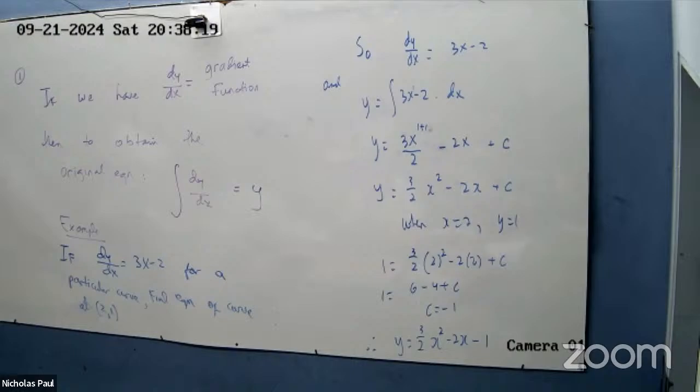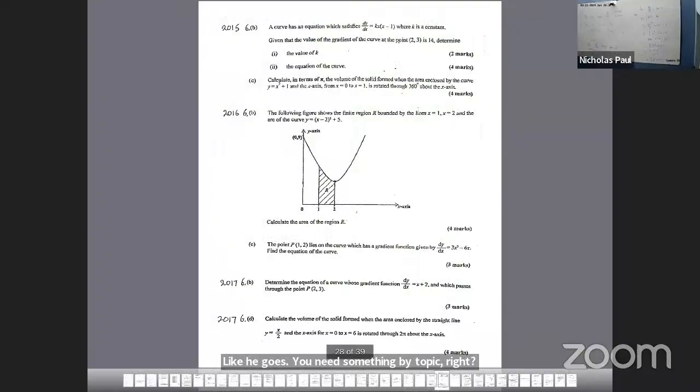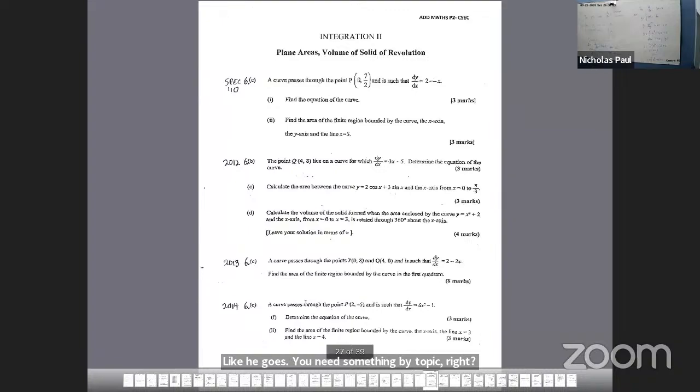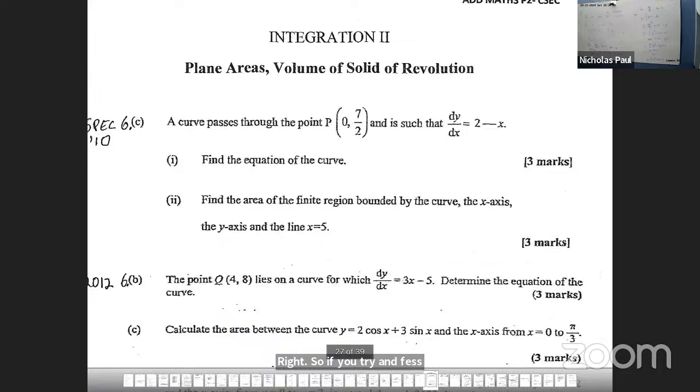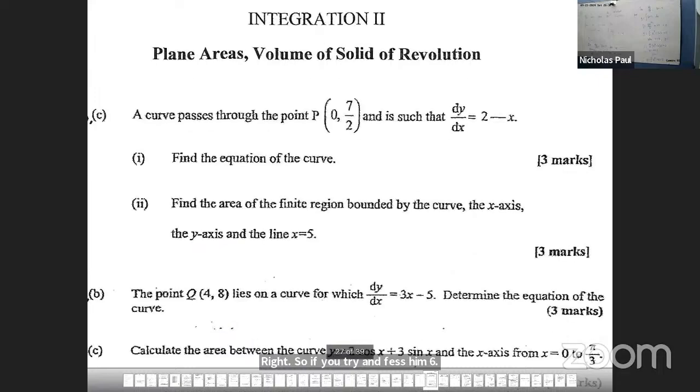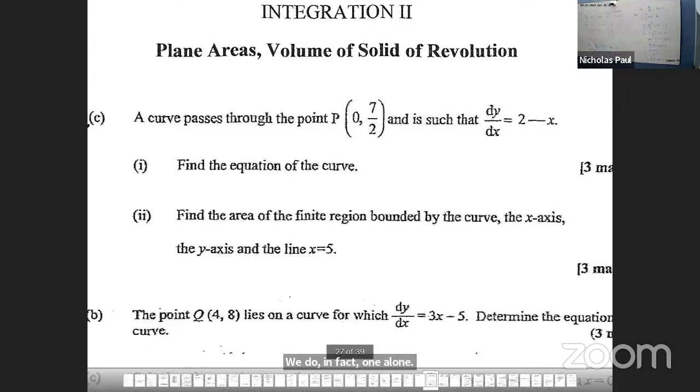Ready? Right, so the first one up here, we go topic by topic. We'll be trying specimen 6. We're doing part 1 alone, not part 2, I haven't shown you part 2 as yet.